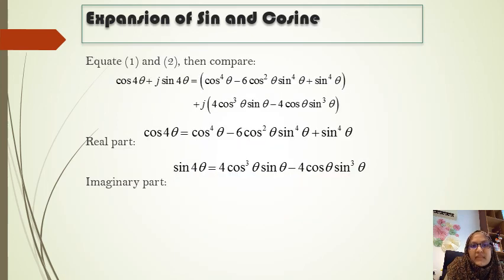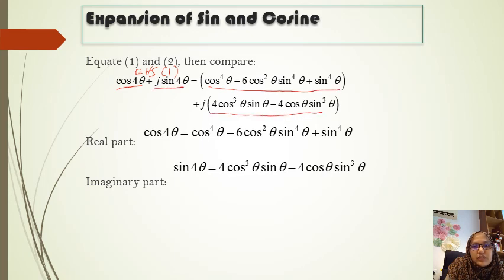When we compare, this one is the right hand side of one. When we compare with the left hand side, expanded using binomial theorem, cos 4 theta is equal to this, and j sine 4 theta is equal to this.